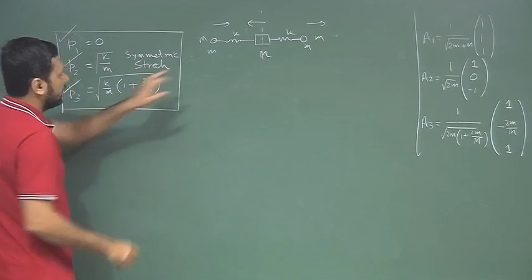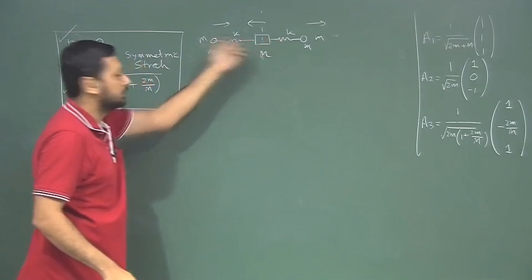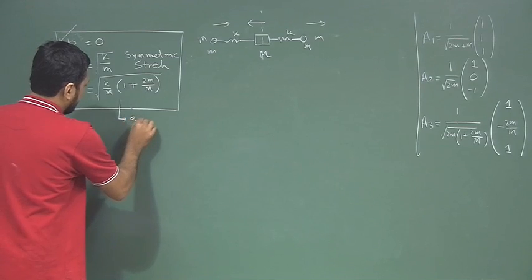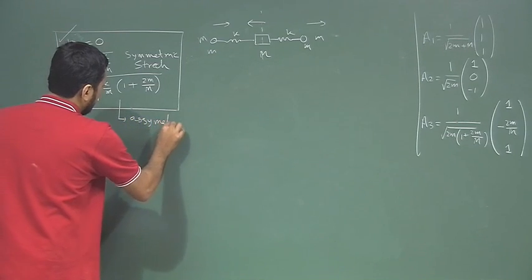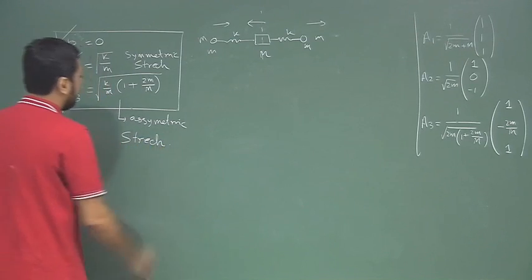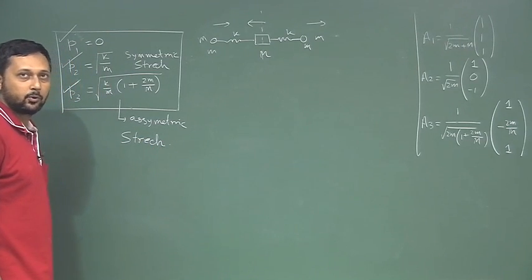And this one where two are moving in one direction, the other one is moving in the opposite direction, it is called asymmetric stretch of a linear triatomic molecule.